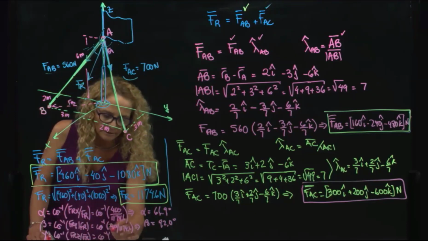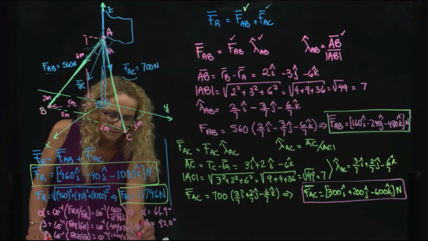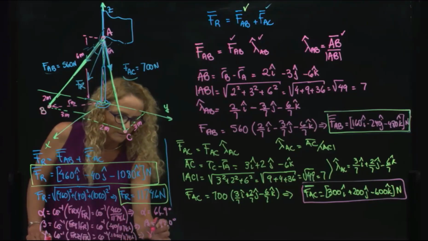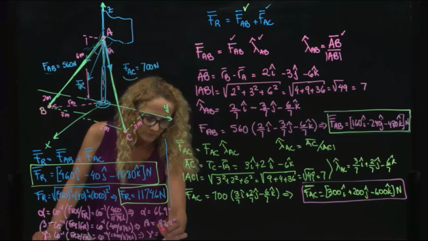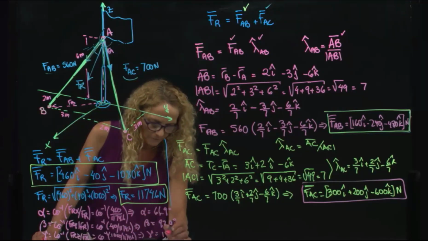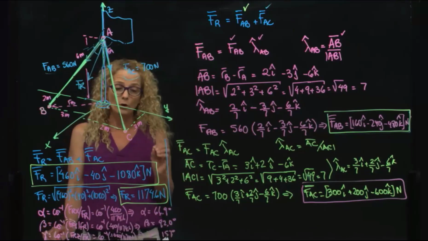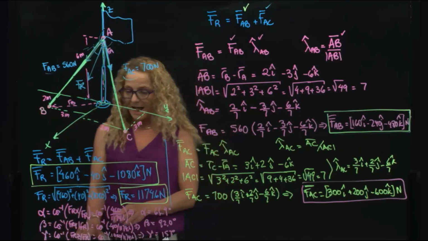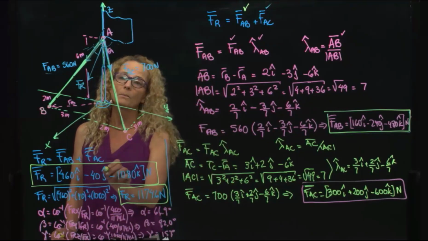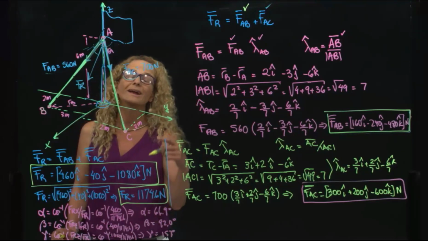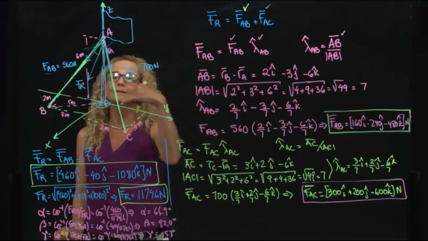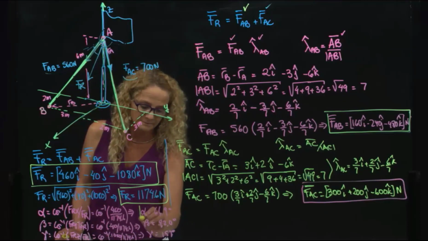I'm writing here at the end of the board. I'm sorry, it's a little bit squeezed, the values. This is 150. Okay, perfect. So notice that whenever I have a negative value of the component, the angle gives me a value greater than 90 because it's on the negative side of the axis.